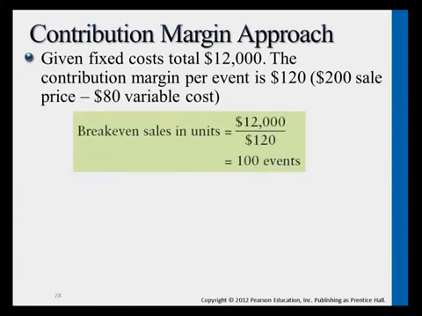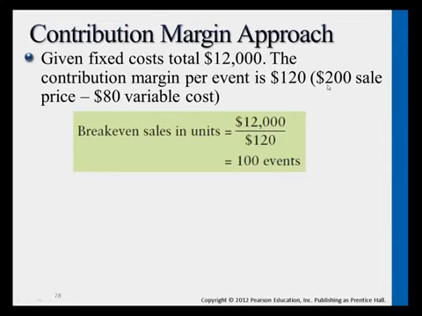Do you remember that example with events that we're scheduling? The same example, we're still working on it. Okay, so what do I have here? My fixed cost is $12,000. My contribution margin per event is $120.